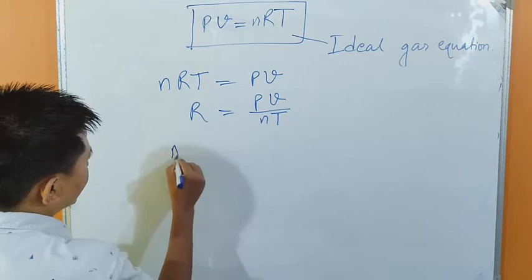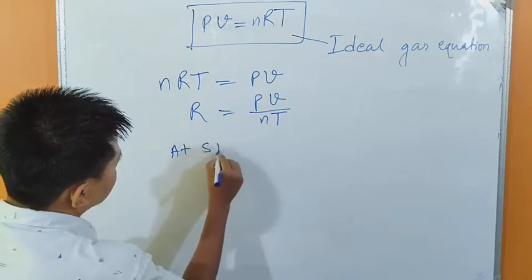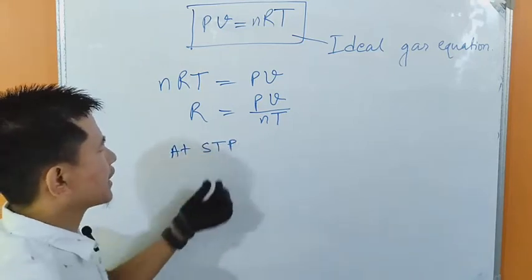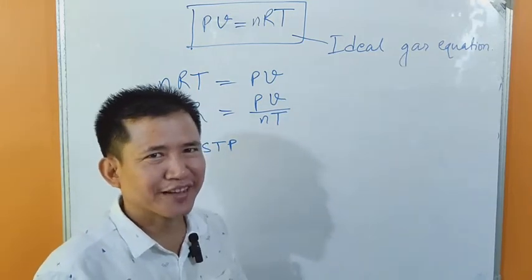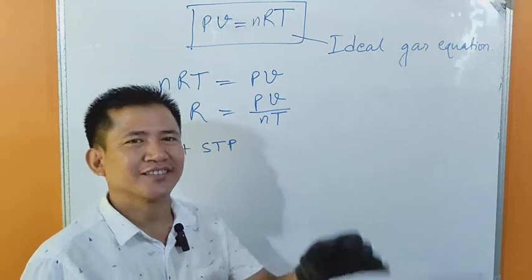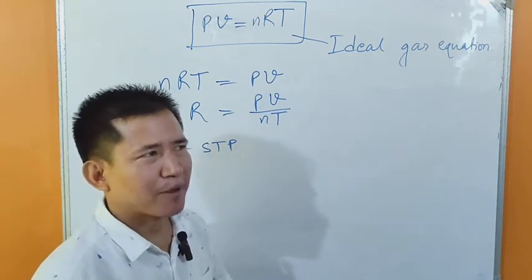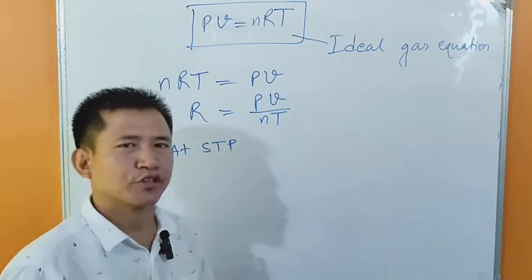Now at STP, standard temperature and pressure. We know that standard temperature is 273 Kelvin and standard pressure is 760 mm of mercury column or 1 atmospheric pressure.